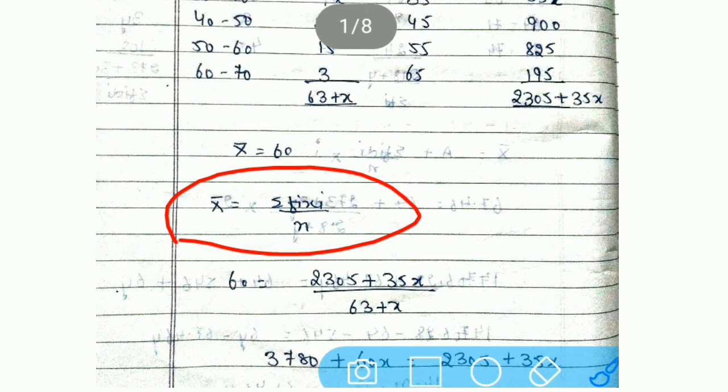In your classes type of data, you can use both the formulae, that is with the a plus as well as with the sigma fi xi. Here with this formula we can do our calculation easily. That's why I have chosen this formula, that is x bar equals sigma fi xi divided by n.